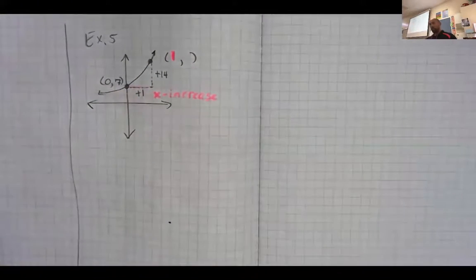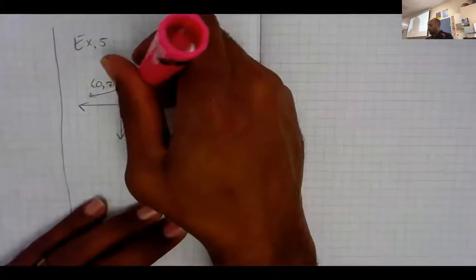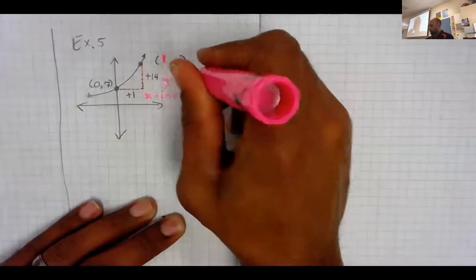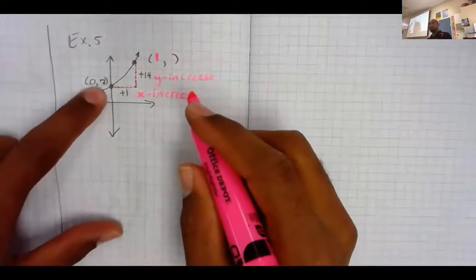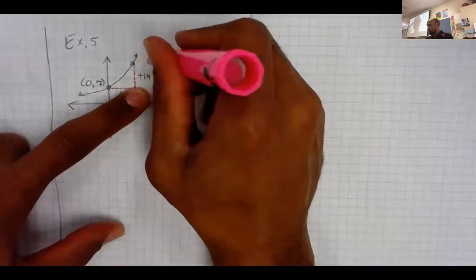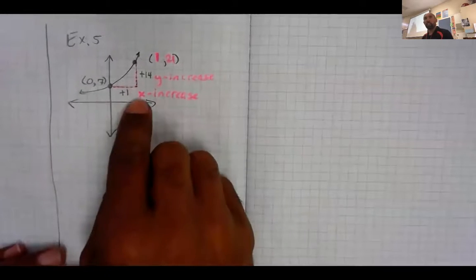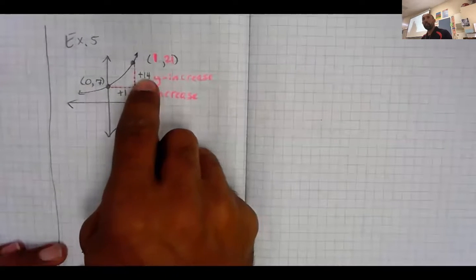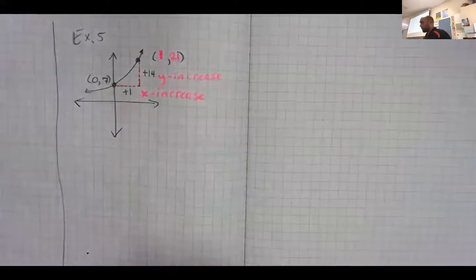And then this part right there is a Y increase. We're going up. So for the Y, we're going from 7 and adding 14. So now that would be 21. So there's the next point. Really all you're doing is taking that, adding it to the X, which is 0, and then taking that and adding it to your Y. So 7 plus 14, okay?